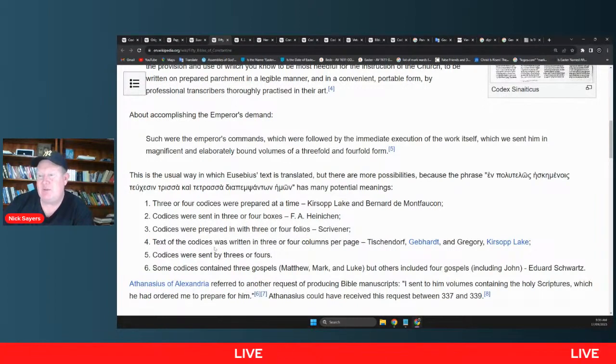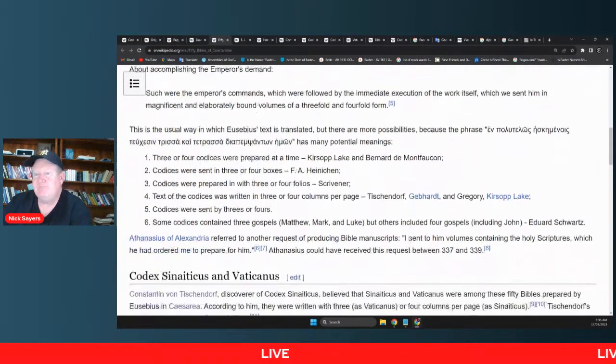The text of the codices was written in 3 or 4 columns per page, Tischendorf and Gebhardt, Gregory, and Kirsopp Lake. Codices were sent by 3 or 4s and 6. Some codices contained 3 Gospels, Matthew, Mark, and Luke, but others contained 4, including John, Edward Swartz.